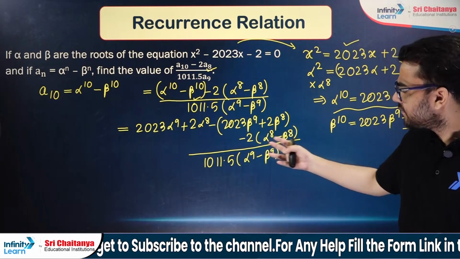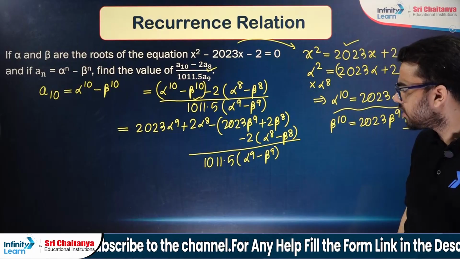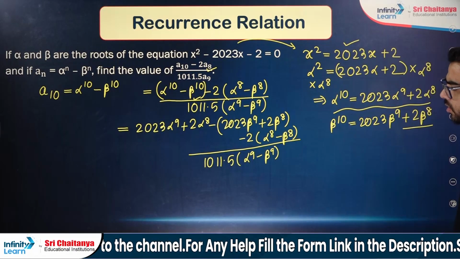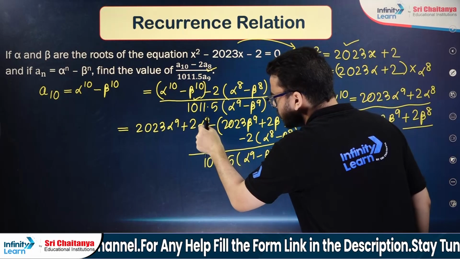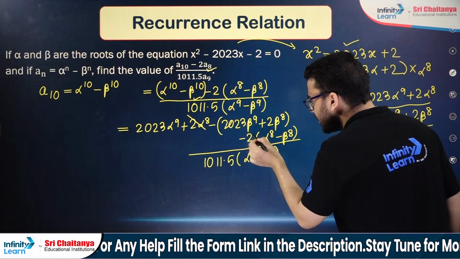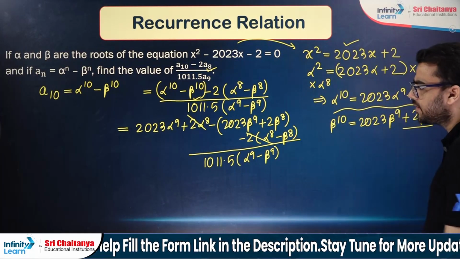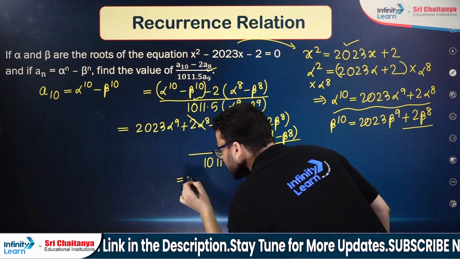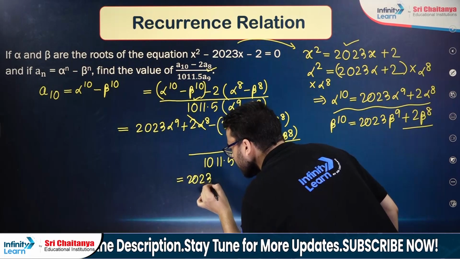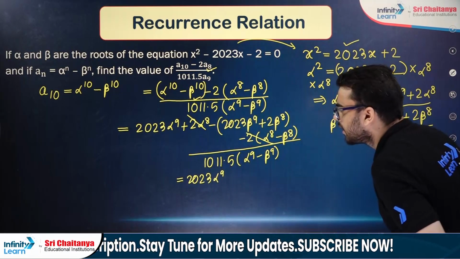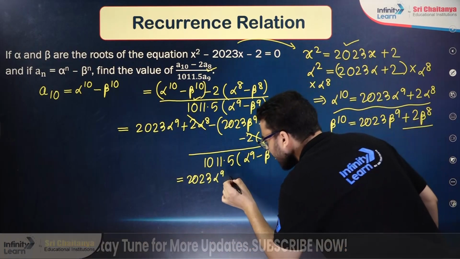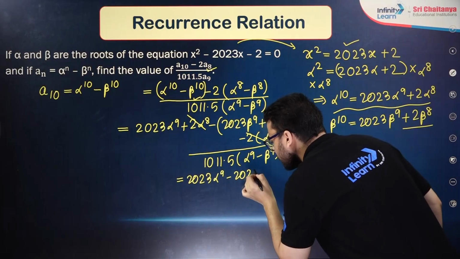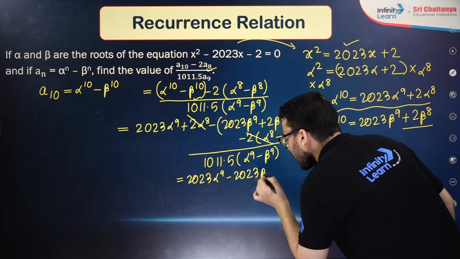Now you just have to open up the bracket and simplify. You see 2 alpha raised to the power 8 and then minus 2 alpha raised to the power 8 will be cancelled out. Then you have 2023 alpha raised to the power 9, and if I open up the bracket, minus 2023 beta raised to the power 9.